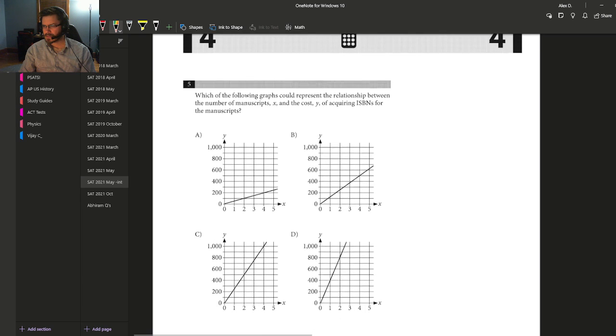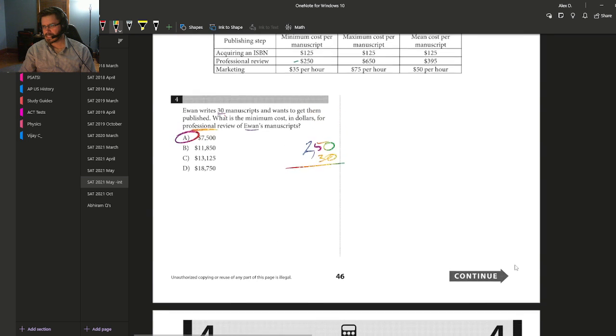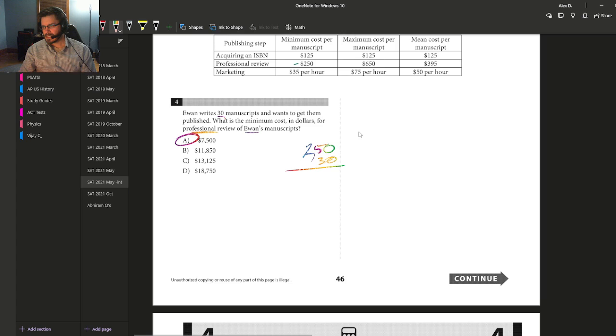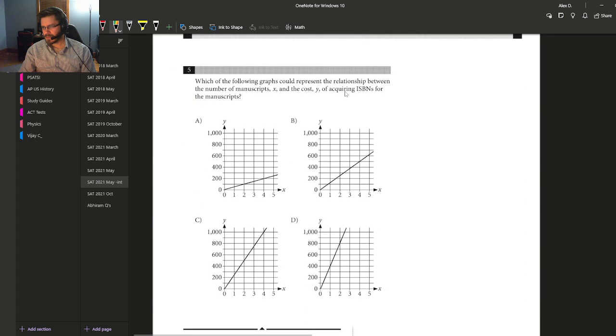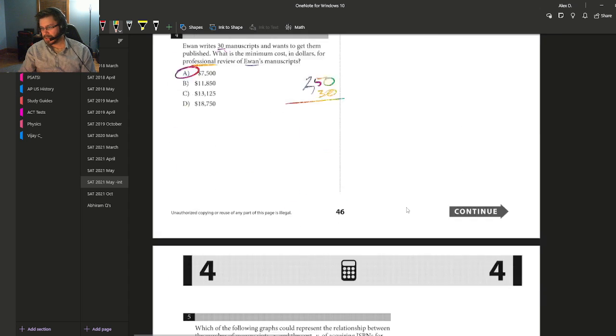Which of the following graphs could represent the relationship between the number of manuscripts and the cost for acquiring ISBNs? We're doing the minimum. What are we doing? Oh, it's all 125 anyway, so it doesn't matter.